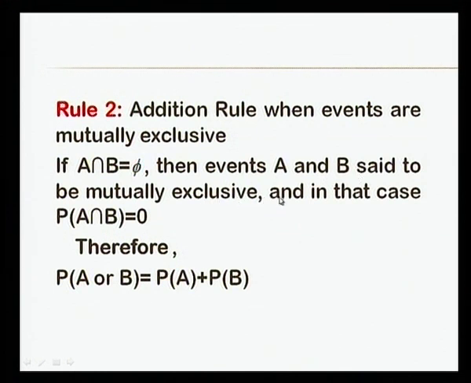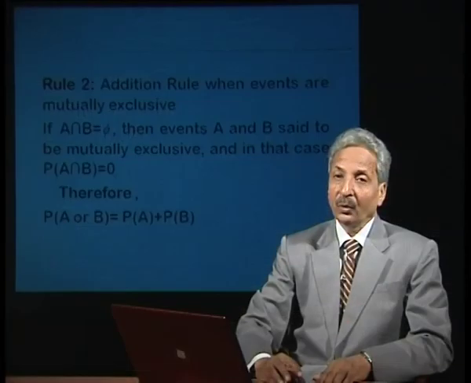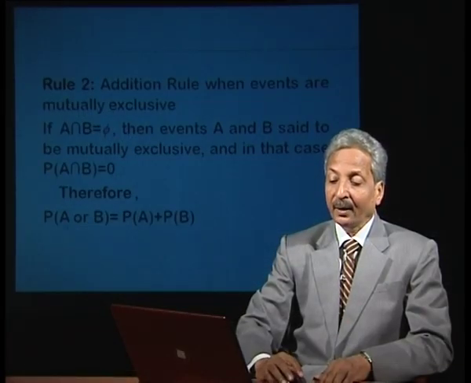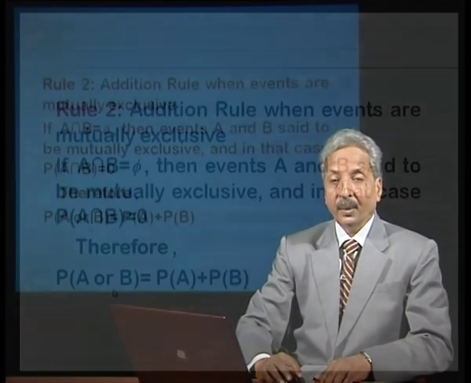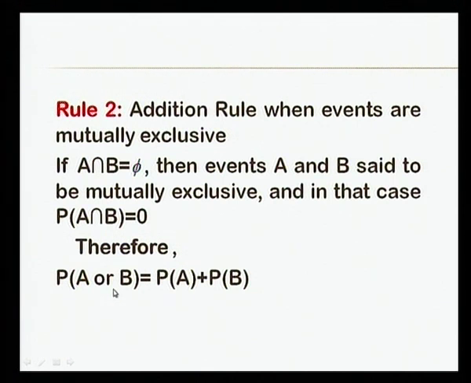And then we know that in this case the probability of A intersection B will be 0. So, from rule 1 we simply get probability of A or B, or probability of A union B, is simply equal to probability of A plus probability of B.